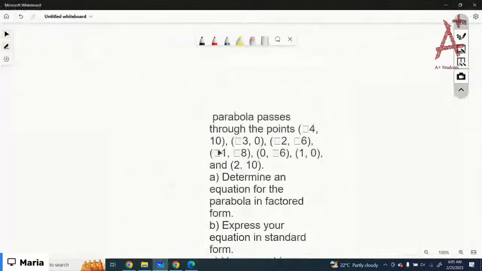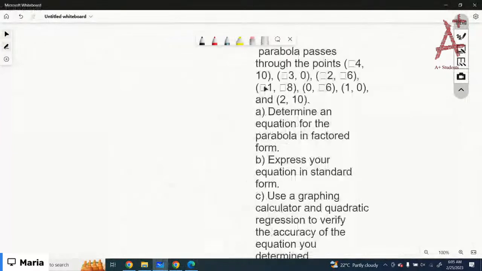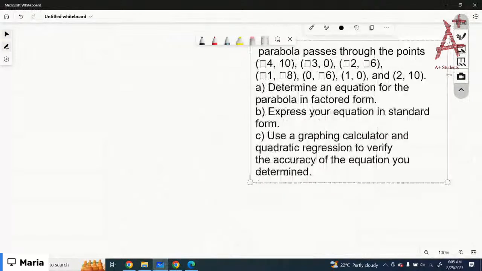Here is the question. A parabola passes through the points given. Determine the equation of the parabola in factored form. Okay, let's start with the first one.